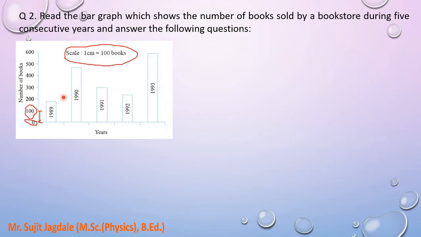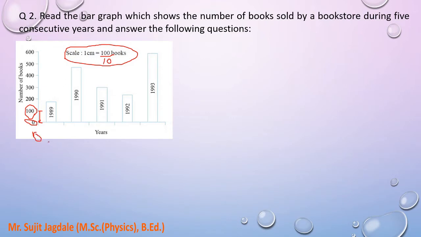Now we know that in 1 centimeter the total divisions are 10. That means 1 centimeter is divided into 10 equal parts. You can see it on your scale also, and in the same way it is given on the bar graph. So if we divide 100 books by the number of divisions, which is 10, 100 upon 10, the answer will be 10.